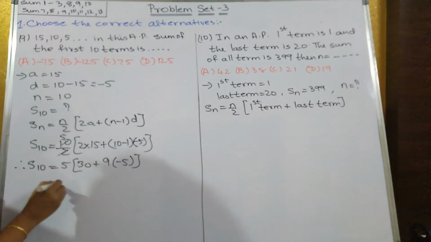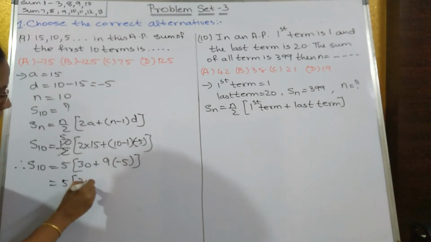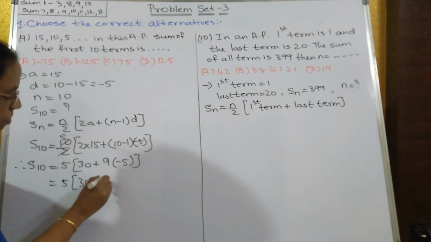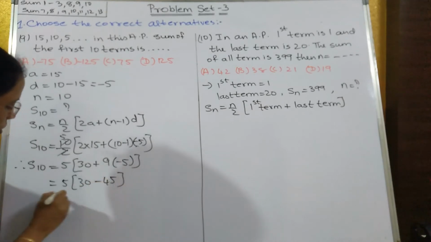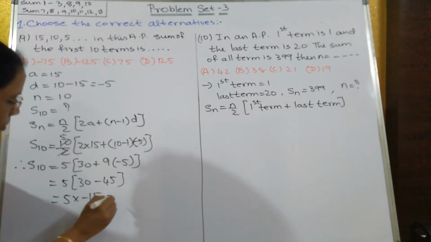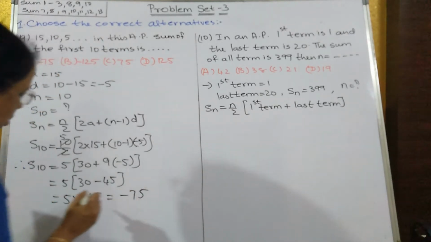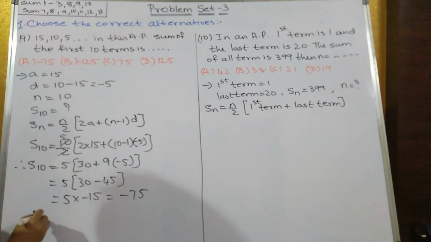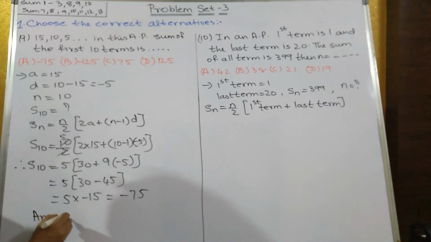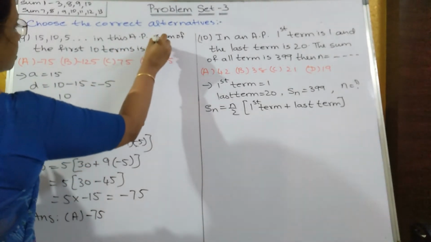That is equal to 5 into 30. 9 into minus 5 is minus 45. So that's equal to 5 into minus 15, which is equal to minus 75. So the correct option is what? Answer A, that is minus 75. So the sum of 10 terms is minus 75.